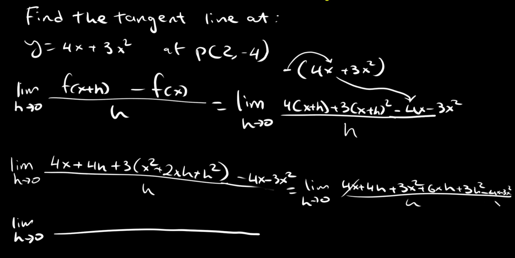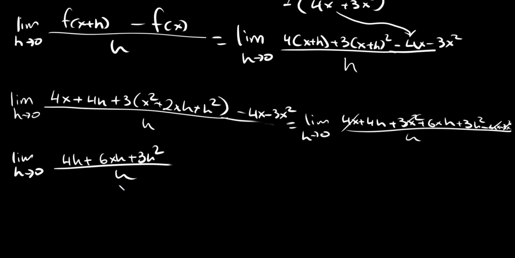Here I can cancel out 4x and 3x to the power of 2. Okay, so I'm left with 4h plus 6xh plus 3h to the power of 2 divided by h. Alright, so let's just check if I made a mistake. Nope, everything is good.